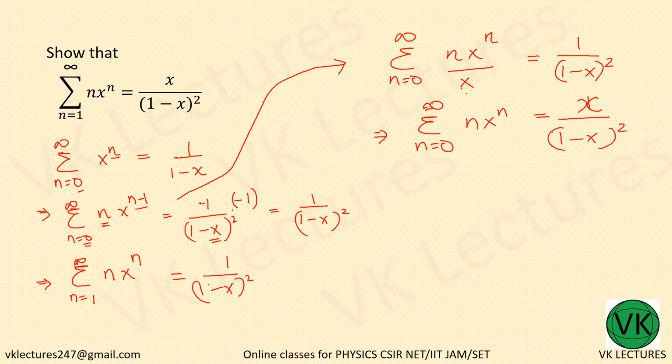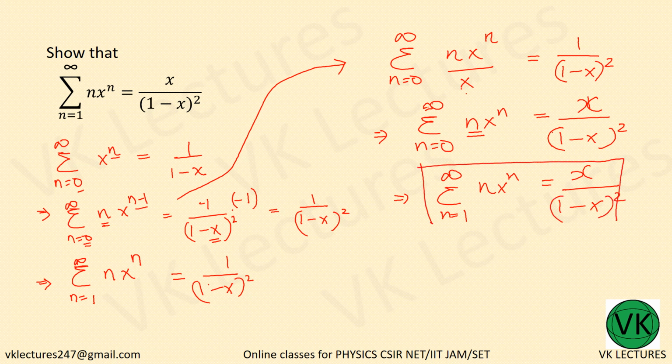Now since we cannot have n equal to 0 starting, because if you put 0 it will become 0 and doesn't make any sense, instead of 0 you will put n equal to 1, so the sum over n equal to 1 to infinity of n x to the power n is equal to x divided by 1 minus x whole square. So this is the answer. Sorry for that, forget about this step.